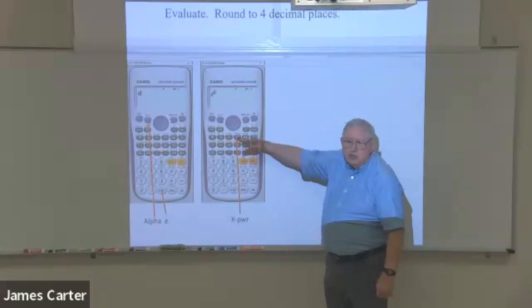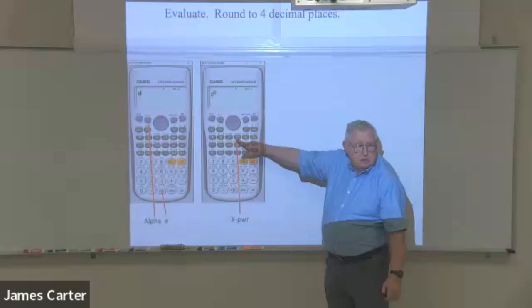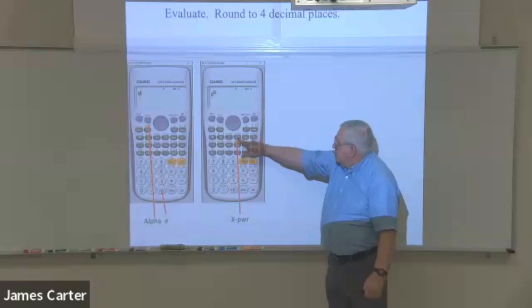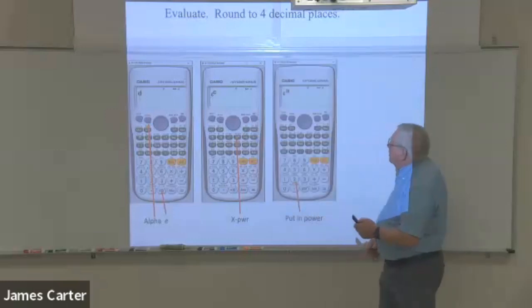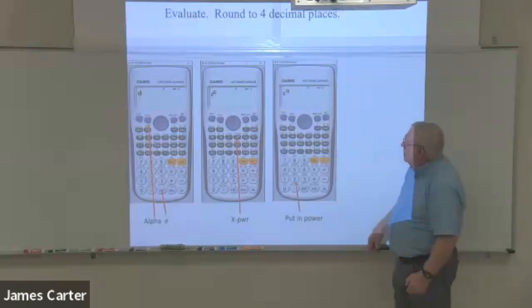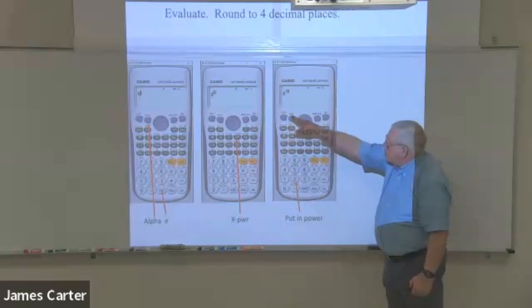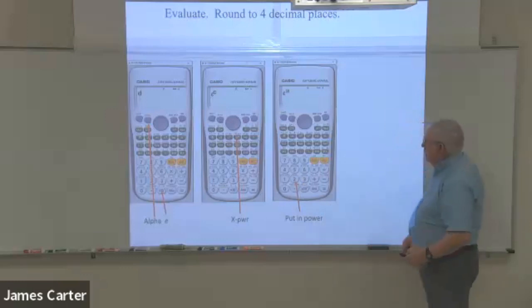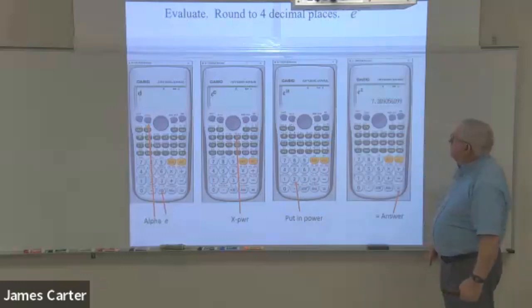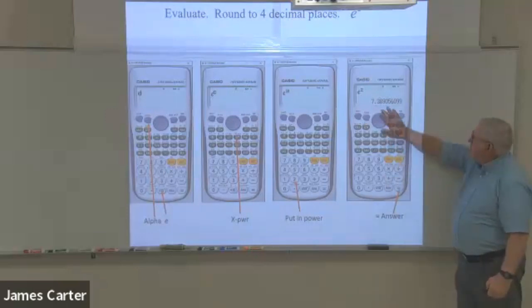This one will let you choose any power, even negative ones. So that would be the next thing that you would do. Then, in this case, I have a 2 that I typed in there in the box. And then I hit the equal key. So you get e squared is this.